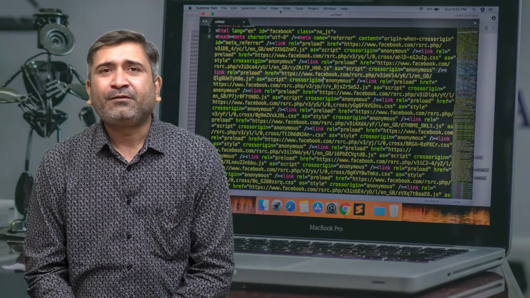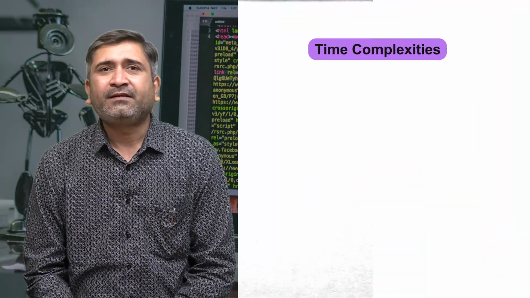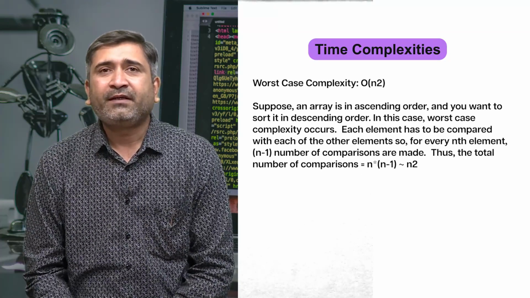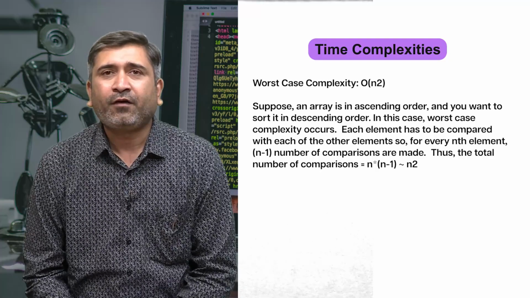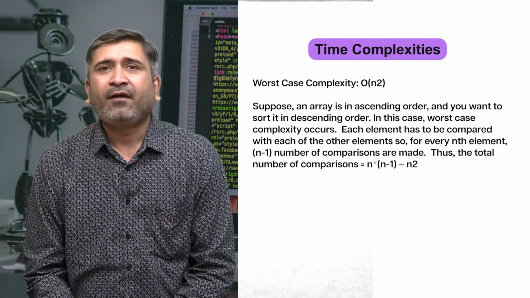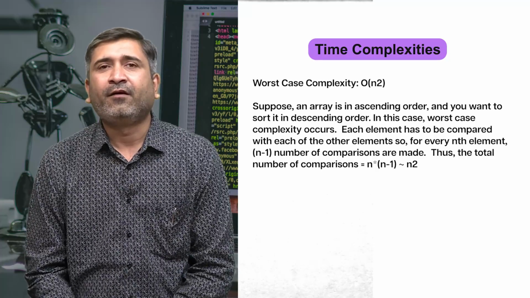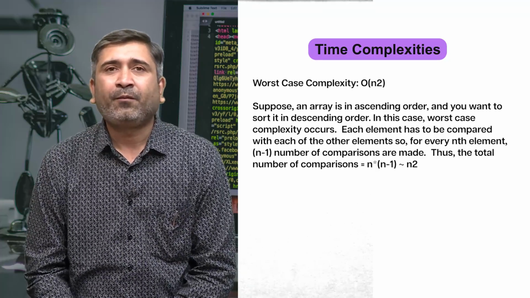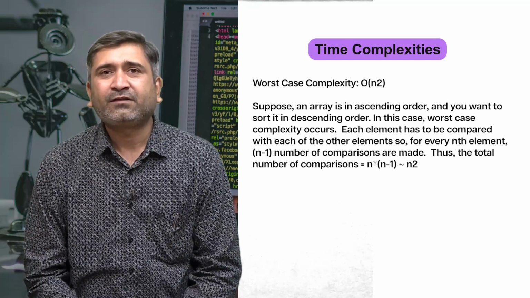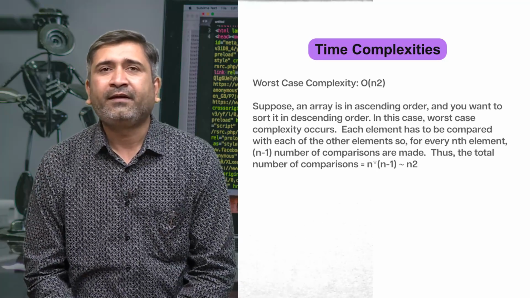There are three types of complexity. The first is worst case complexity. The worst case complexity of insertion sort is order of n square. Suppose an array is in ascending order and we want to sort it into descending order, then the worst case complexity arises, which is order of n square.